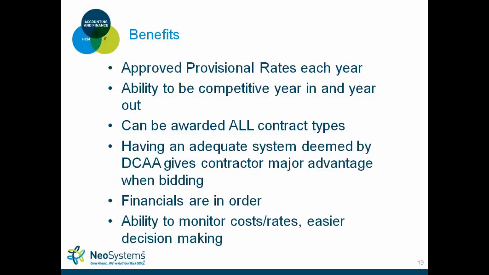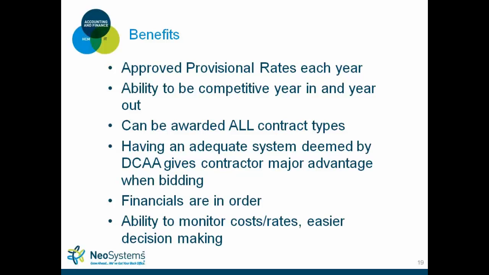So again, if you were deemed adequate to bill the government, or through a system review, you can be awarded all types of contracts, not only on a T&M and fixed price basis, but now you can go after cost plus work because you have the ability to do so through DCAA.